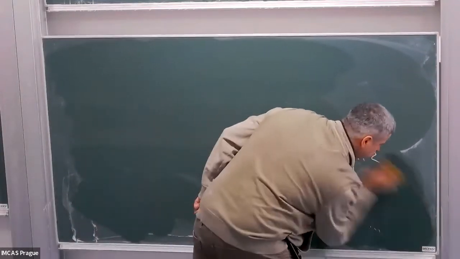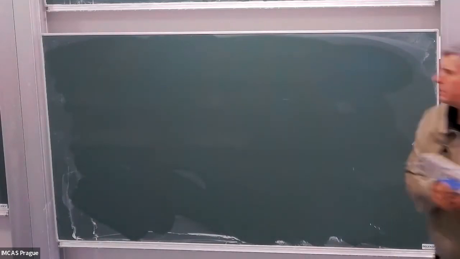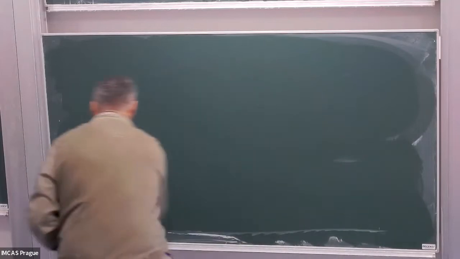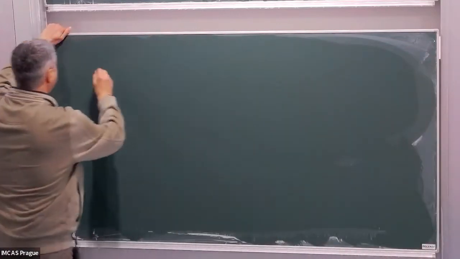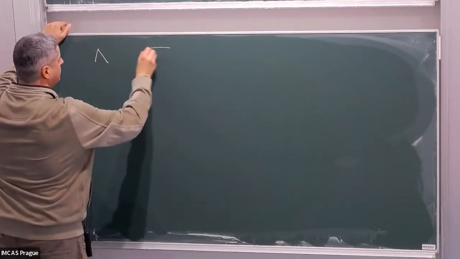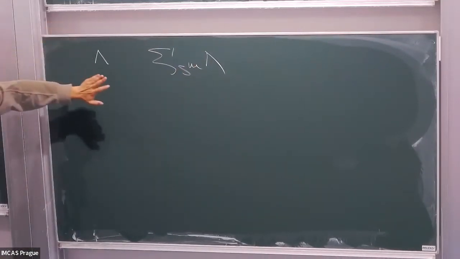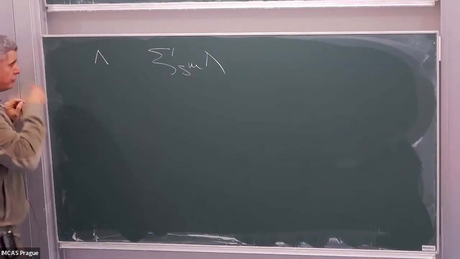Basically, one can say that if you have lambda and we have this sigma Sm lambda, then in terms of Reeb chords, we can find the following correspondence.